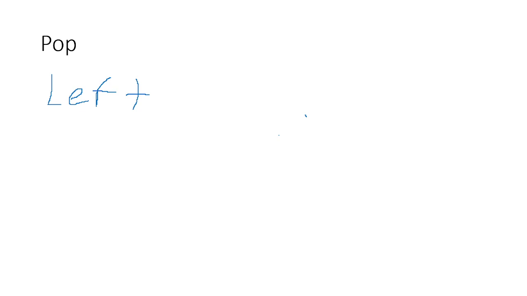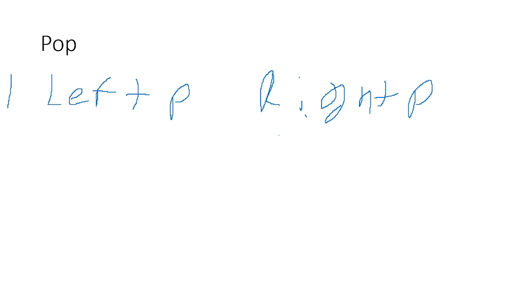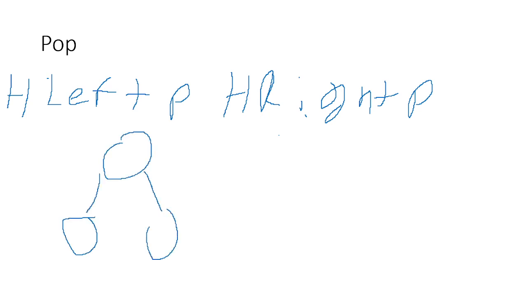You have to make sure of two things. Left has a priority, and the right child has a priority. This is all in h, because the right child and left child functions return indexes. Let's say we pop, this is 20, this is 5, and this is 3.